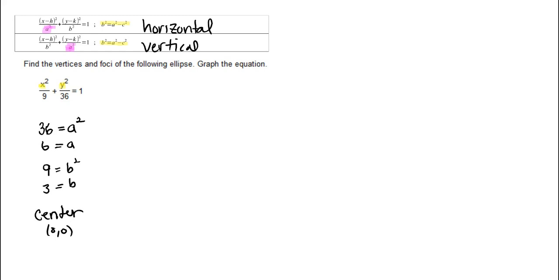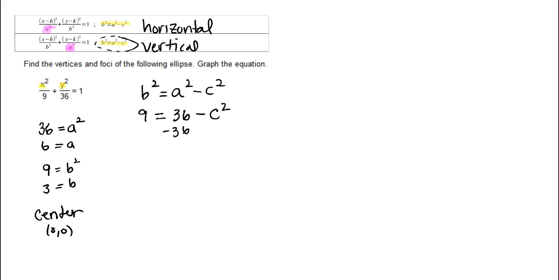I also want to find the value of C so that I can locate the focus. So I'm going to use this equation, b squared equals a squared minus c squared. So b squared is 9, a squared is 36, minus c squared.